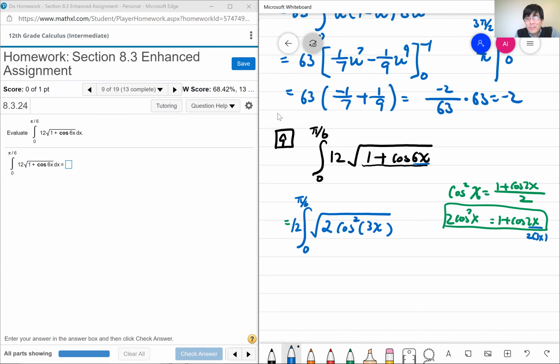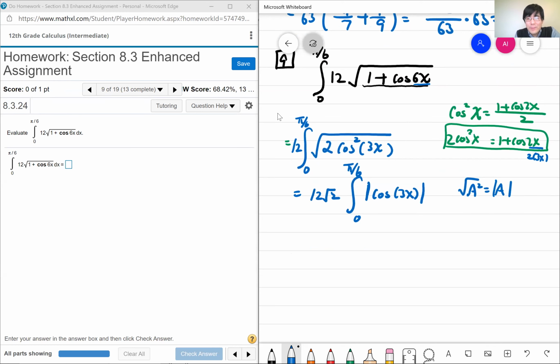Yeah, we are using half angle identity. So square root of 2 can put outside. And the square root of the square become an absolute value of inside. Okay, remember square root of a square is equal to absolute value.